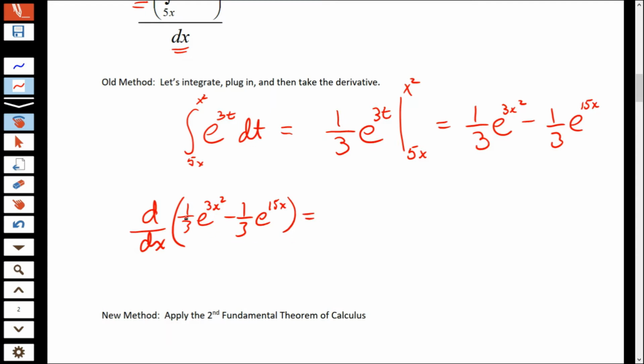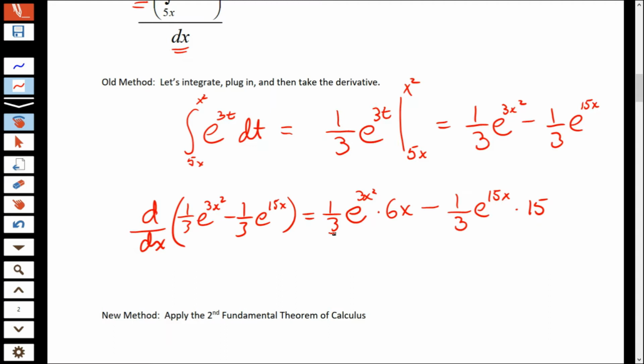The derivative of the first one is going to be 1/3 e to the 3x squared, because the derivative of e to the 3x squared is itself, but then we have to multiply it by 6x, right? We have to take the derivative of 3x squared, which is 6x, minus the second derivative, which is going to be 1/3 e to the 15x times 15.